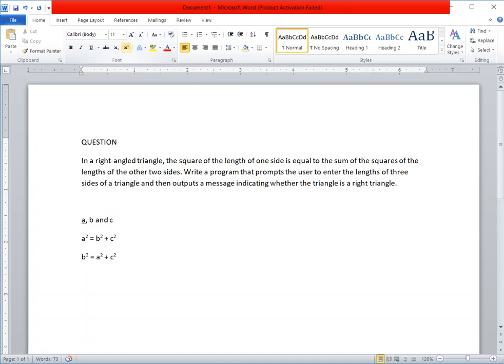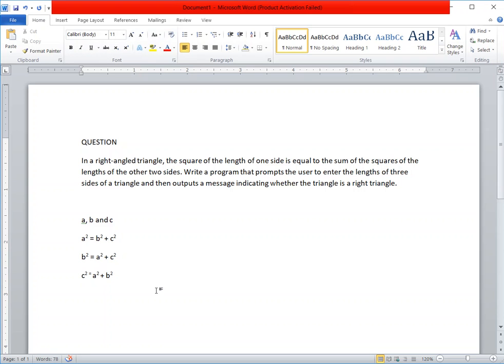Then similarly, C squared will also be equal to A squared plus B squared.